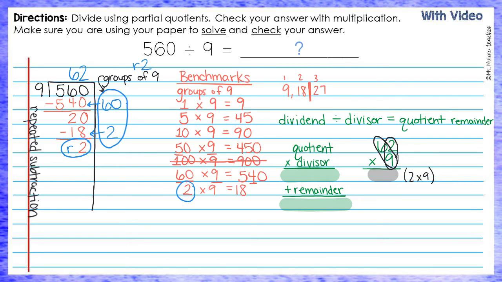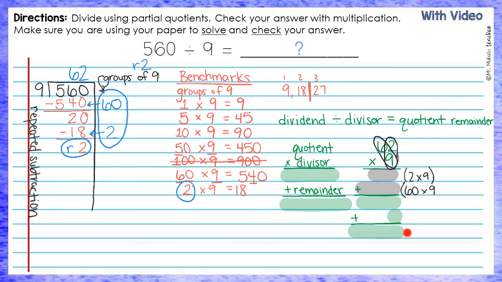So the value in the tens place is not 6, it is 60. 60 times 9. Go ahead and find the product and write it here. Then you're going to add these two together. That will give you a sum that is close to the dividend. However, it's not quite 560. So we know that we need to add our remainder. So go ahead and add the remainder, and you should get your dividend that we started with of 560.